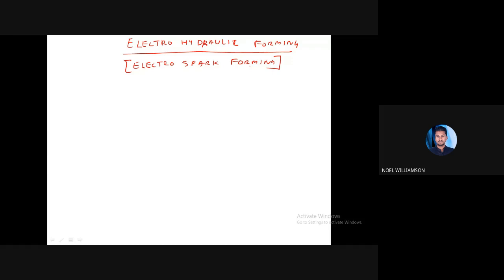While a spark is being generated, the adjacent medium or water will see its temperature increase, and the adjacent medium will start vaporizing.